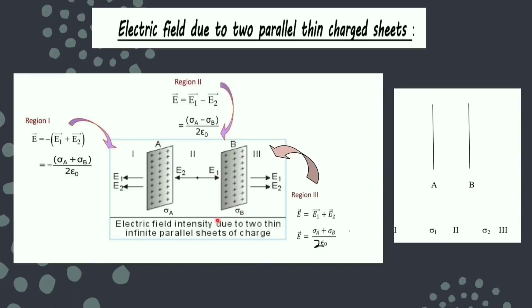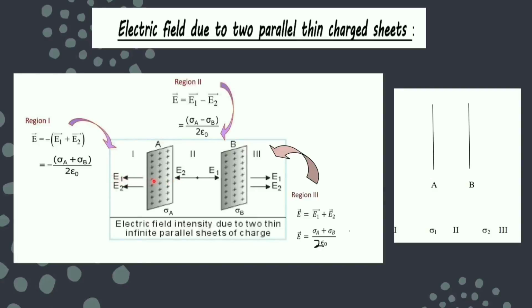Now what is my aim? My aim is to find the electric field in these three regions which are shown as 1, 2 and 3. Here also we have tried to show 1, 2 and 3. First region is this, second is this, third is this, and they are positively charged. And when they are positively charged, it means the electric field has to go in the outward direction away from it.